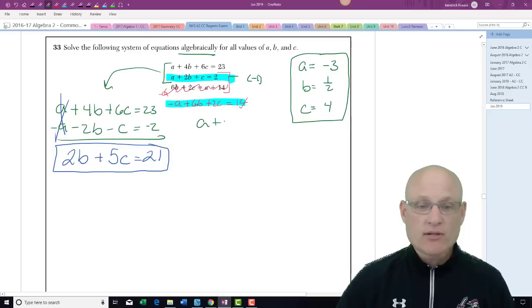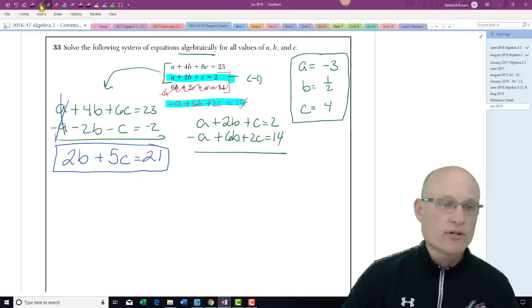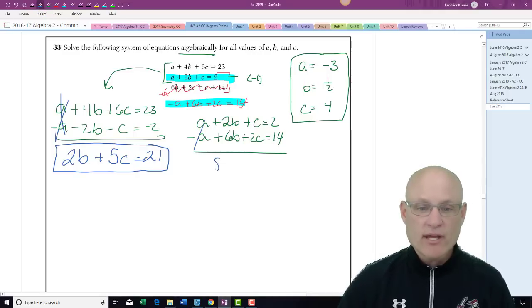So A plus 2B plus C equals 2. -A plus 6B plus 2C equals 14. Put these together, the A's cancel. I end up with 8B plus 3C equals 16.